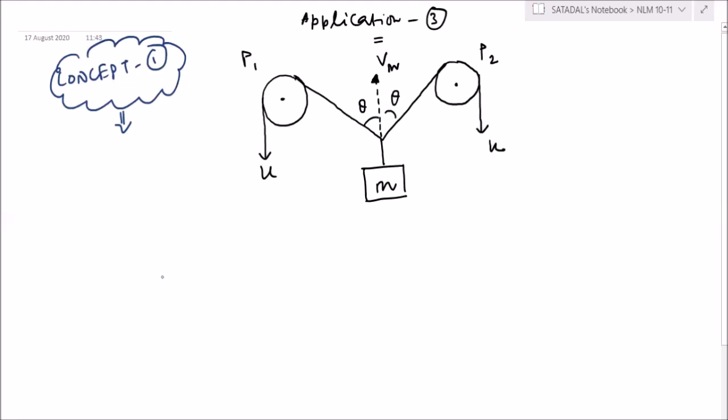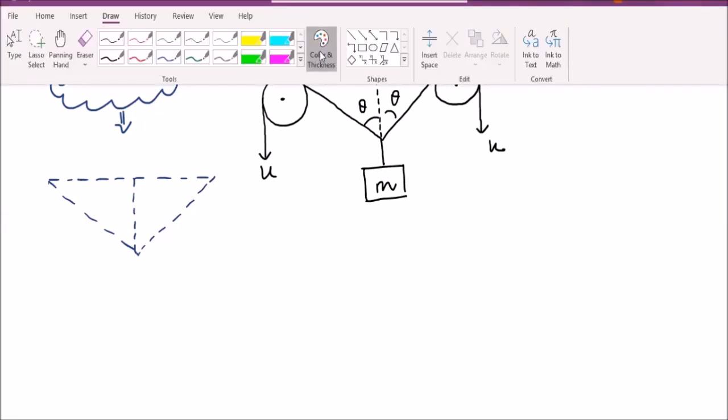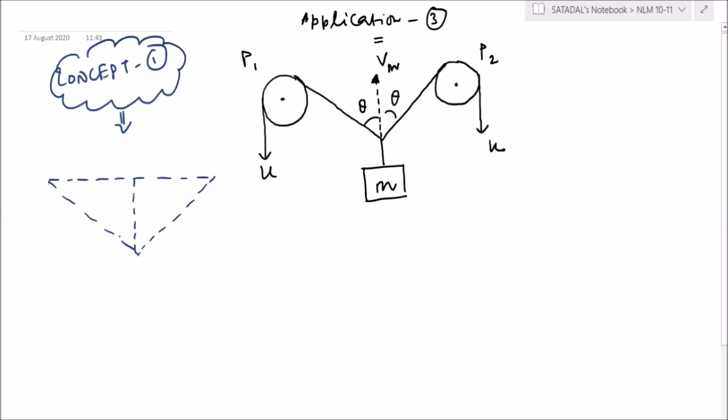So in concept 1, first let us draw a rough diagram. I have said that this angle is theta, right? This is also theta.